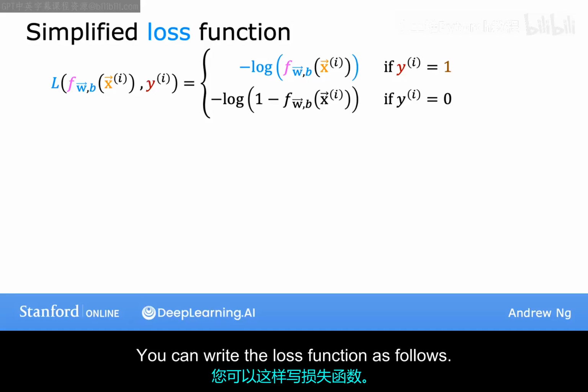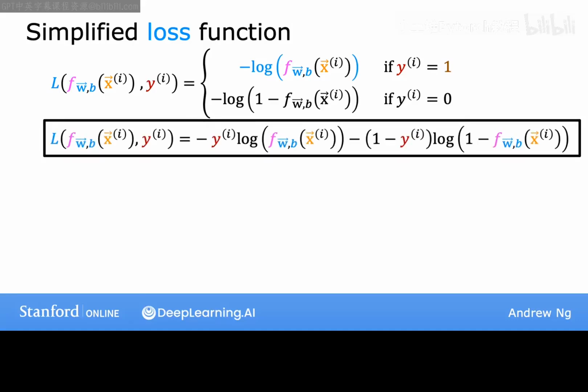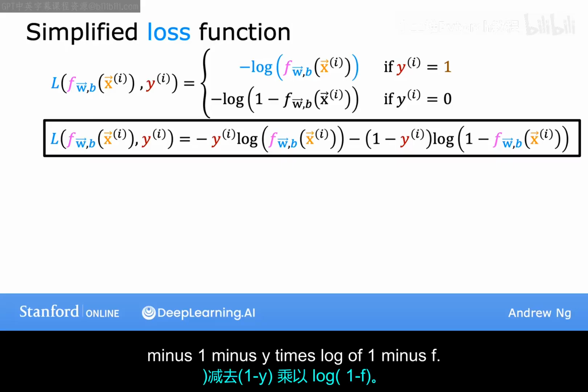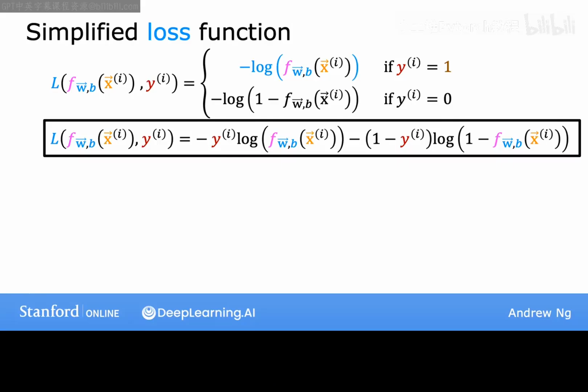You can write the loss function as follows. Given a prediction f of x and the target label y, the loss equals negative y times log of f minus 1 minus y times log of 1 minus f.